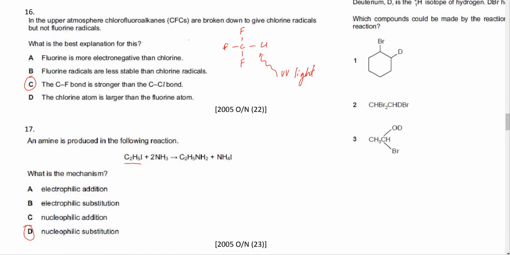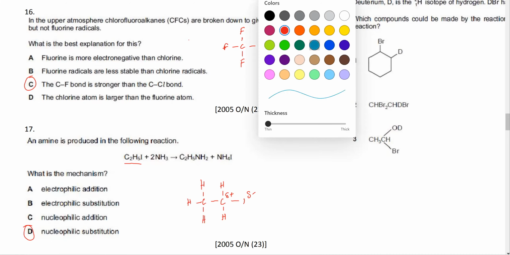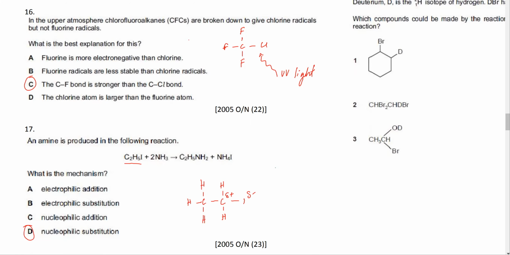The mechanism: C2H5I, so there's an I. This carbon over here is positive and this iodine over here is negative, and the NH3 nucleophile attracts to it. The lone pair on the N is going to get attracted to this positive carbon atom, and on the other side the electrons are going to get repelled.